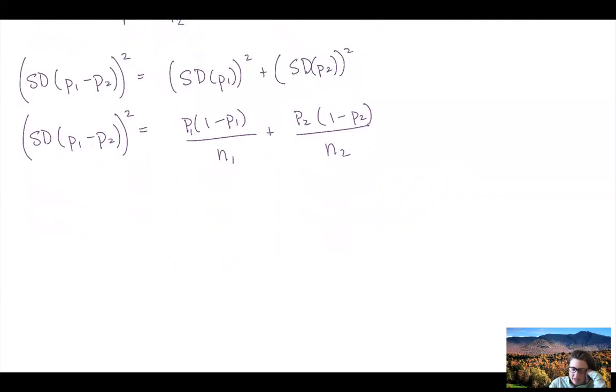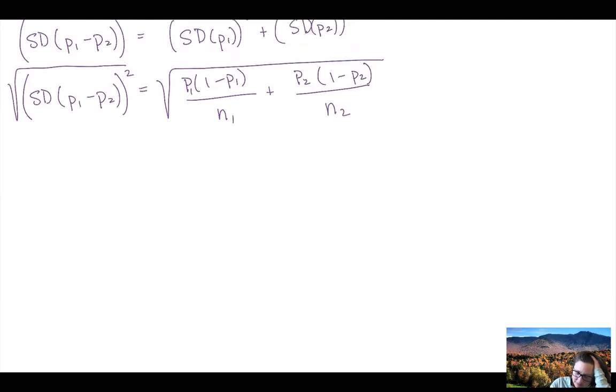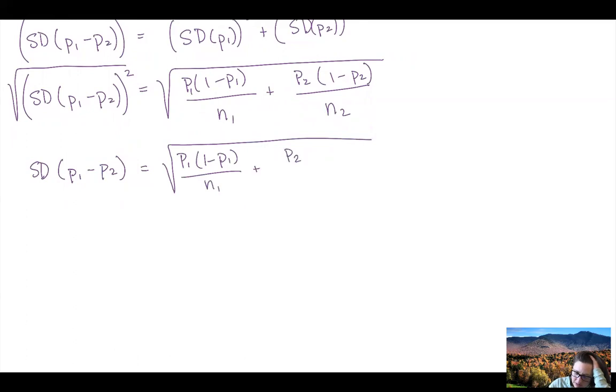So in order to undo squaring this part, I'm going to have to take the square root of both sides. So the square root of this guy, square root of this guy, leaves me with the standard deviation for P1 minus P2 equals the square root of this whole big mess. So P1 times 1 minus P1 over N1 plus P2 times 1 minus P2, all divided by N2.